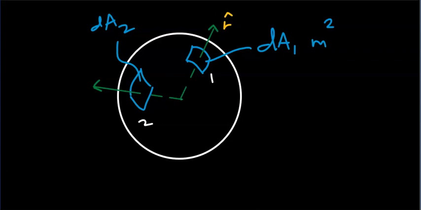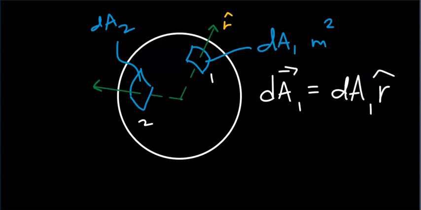Because this normal vector is in a radial direction. So the normal vector to this surface 1 is a radial vector with magnitude 1. So the area vector for surface 1 can simply be written as follows, like that.